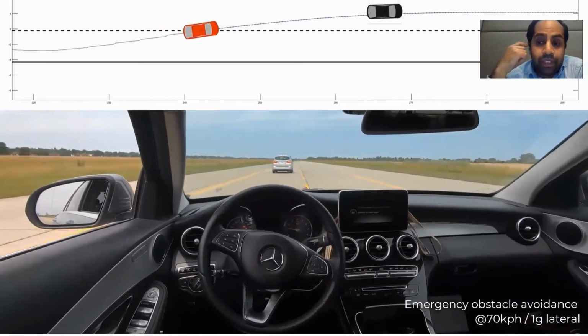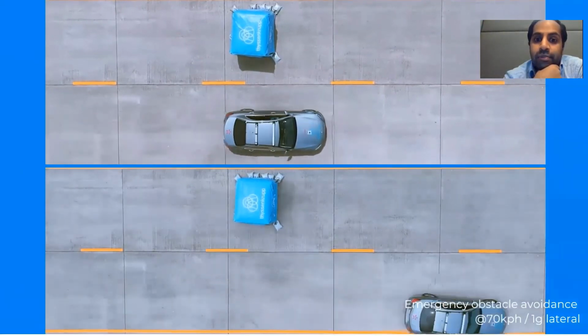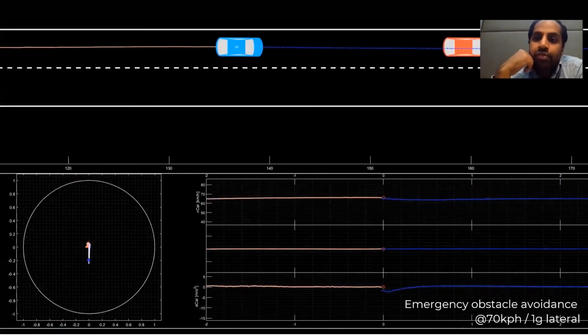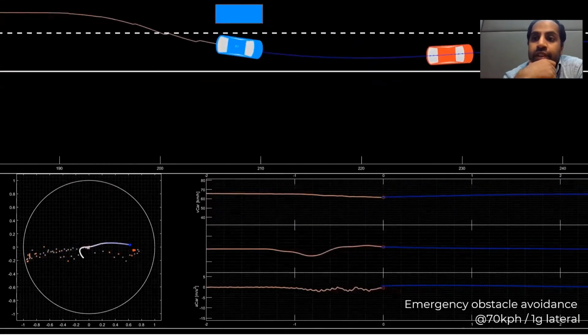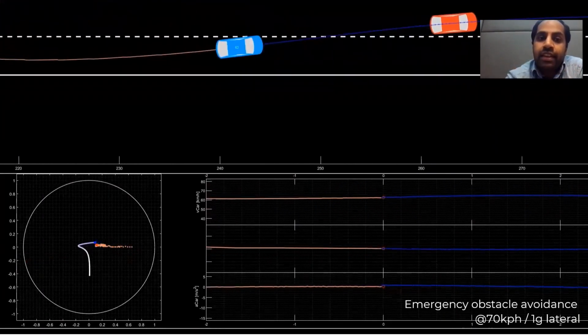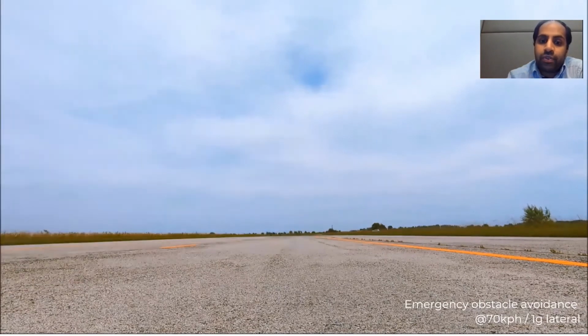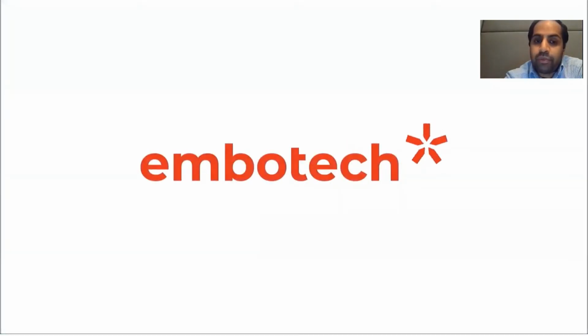Due to the update rates of the MPC algorithm, the MPC algorithm can calculate an evasion maneuver. And you just saw, if you would just brake, you would run into this obstacle. So the only way to be safe is to avoid it. And this can be done in this way. This was a cooperation of Embotech and ThyssenKrupp.